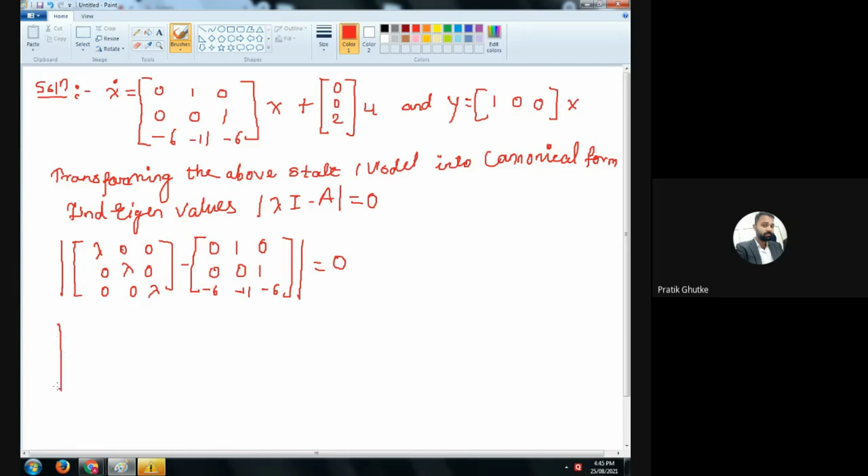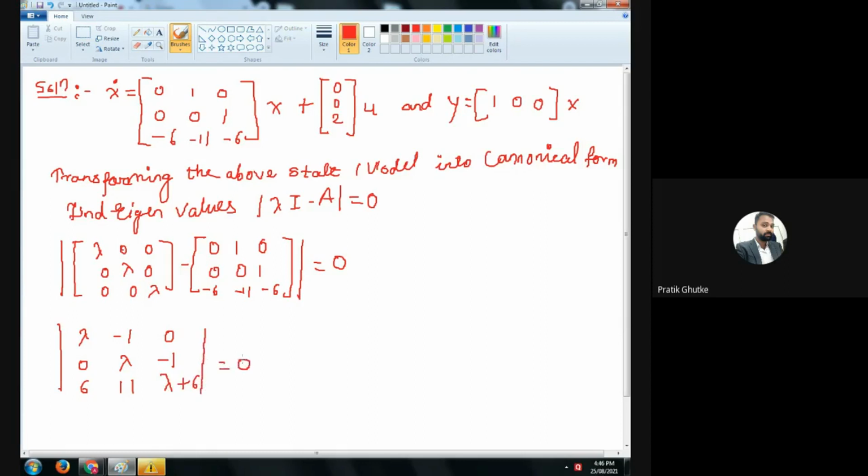See, lambda minus 0 here would be lambda, then 0 minus 1 here it would be minus 1, 0 minus 0 it would be 0, again 0, lambda minus 0 here lambda, then 0 minus 1 here minus 1, 0 minus of minus 6 there will be 6, 0 minus of minus 11 means 11, and then lambda minus of minus 6 means lambda plus 6, equals to 0.